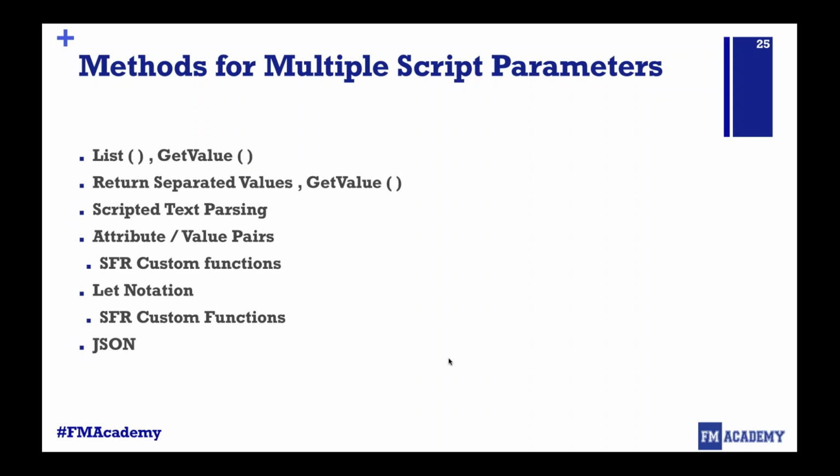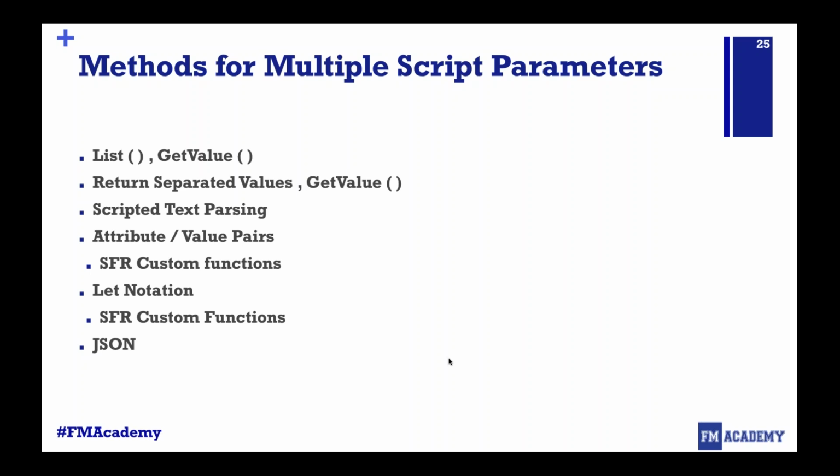If you want to get the name of a client, you could pass it in as the first value, and then you could pass in their invoice total as value 2, and then in the script you would say get value from the script parameter, get value 1, and you would set that to the customer name in the script, and you get value 2, and so on and so forth.